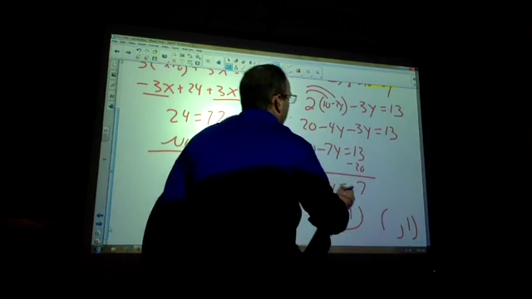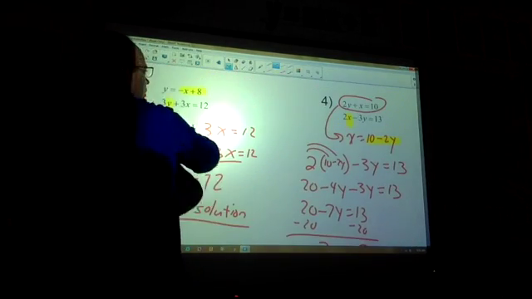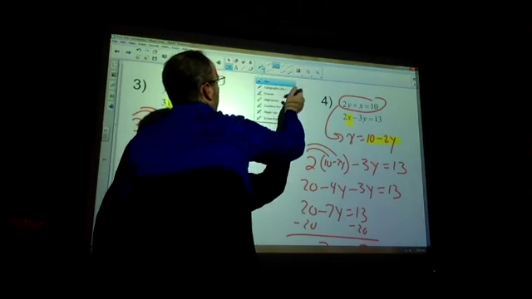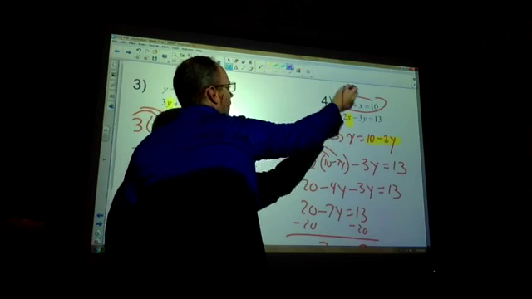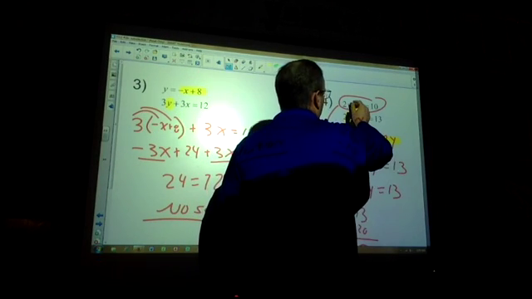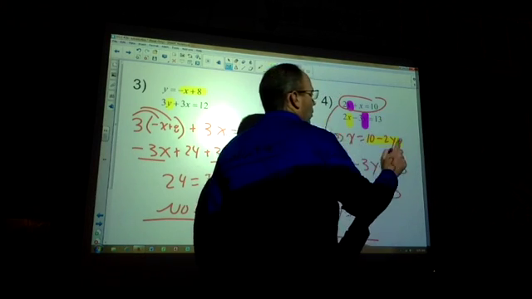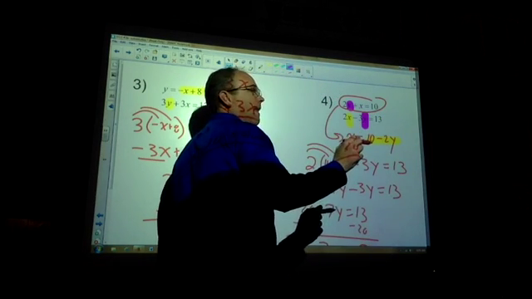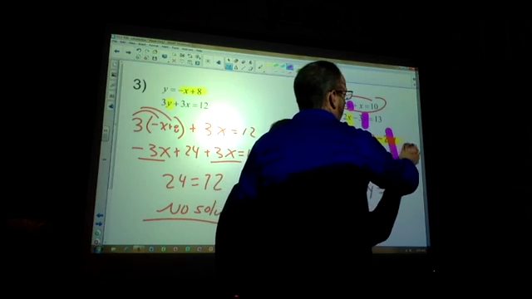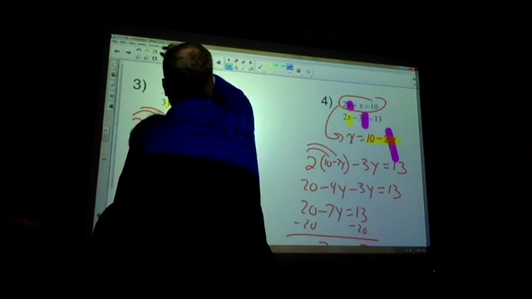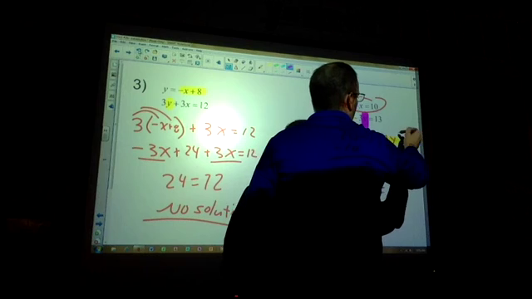Problem's not done yet. I need to plug that y equals 1 back into one of the equations. So I could take that highlighter, I could plug y equals 1 in it right here, or I could plug it in right here. Is there one other place I could plug it in? x equals 10 minus 2y. Yeah, right here. Remember that one? I can plug it in right here.